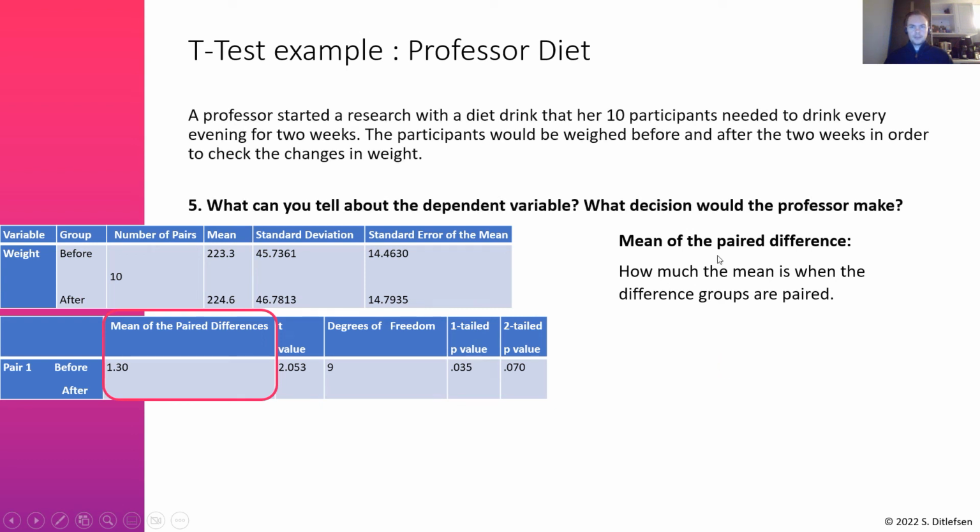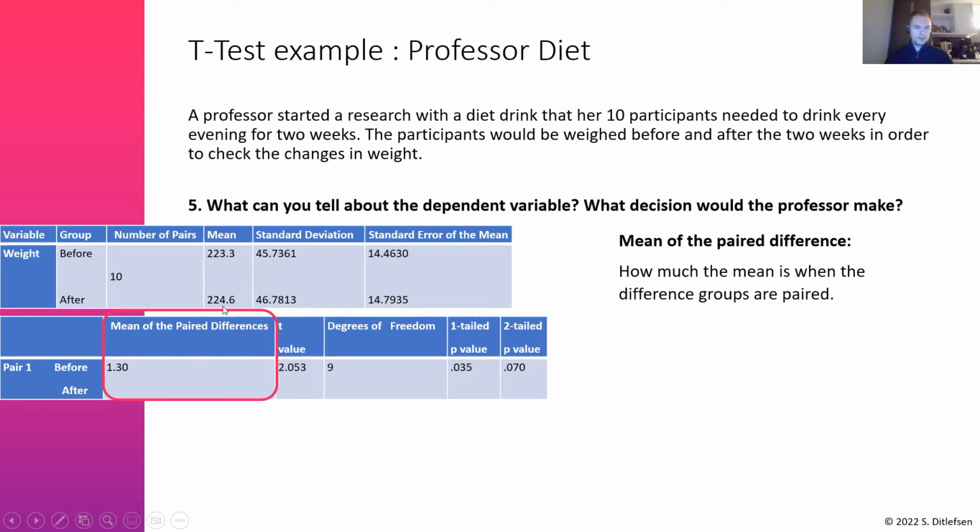We have the mean of the pair difference, and this is 1.30. How much the mean is when the different groups are paired. So we take before and after and pair them together, and we can see the difference.